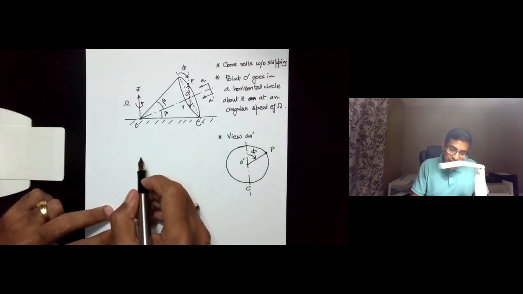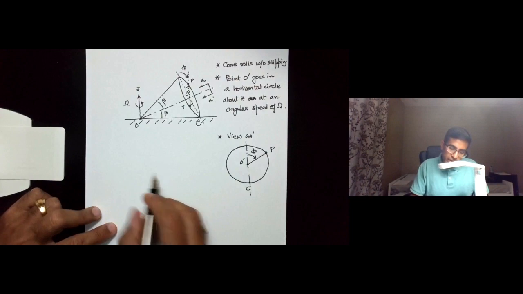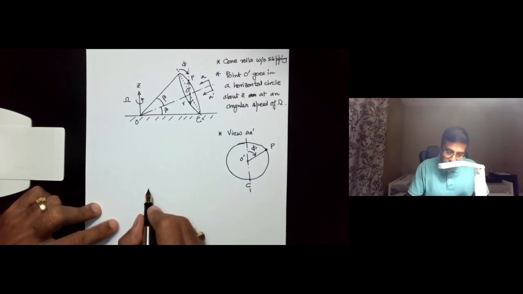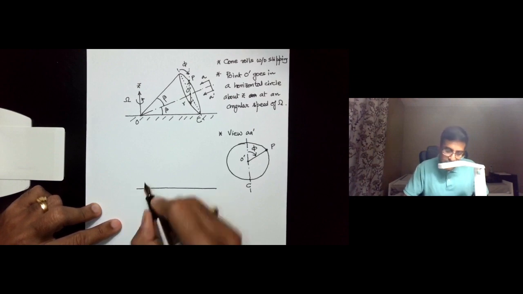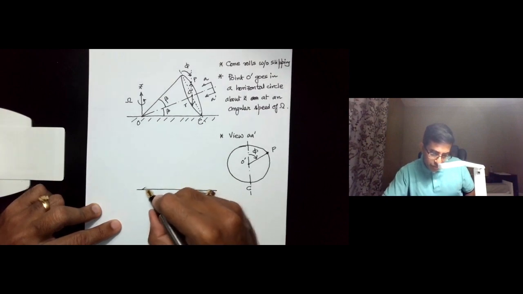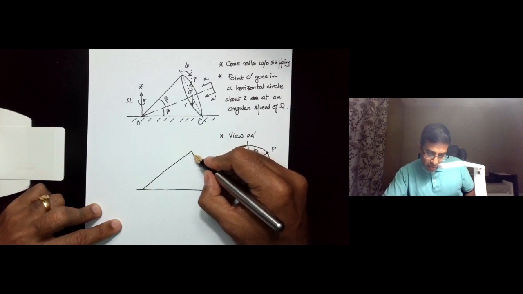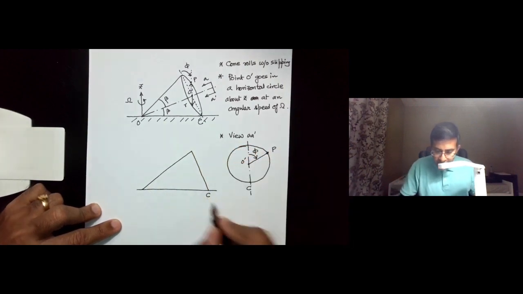Now this is kind of a perspective view, but if you took a side view of this cone, what you would see is just an isosceles triangle. So essentially the side view of the cone is going to look like an isosceles triangle.